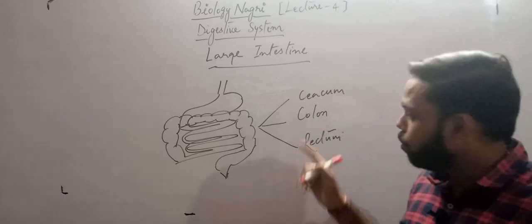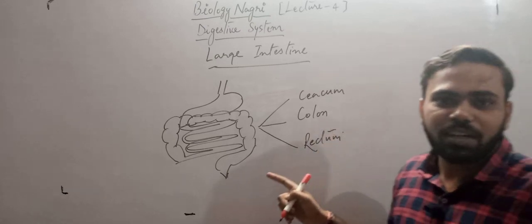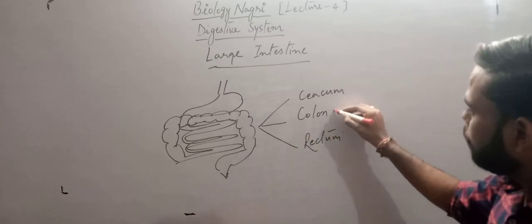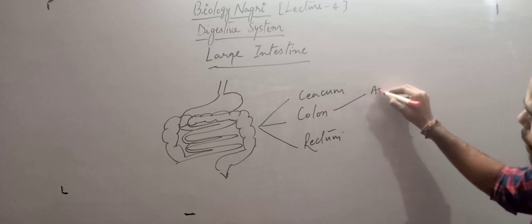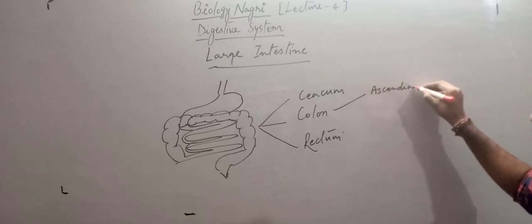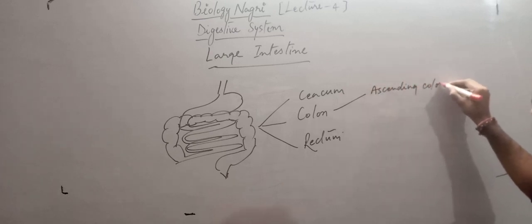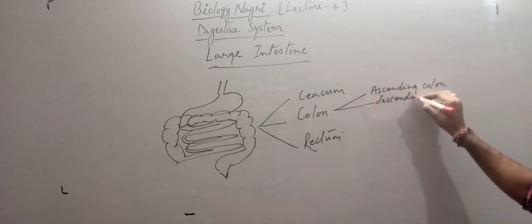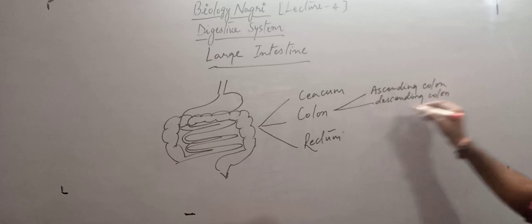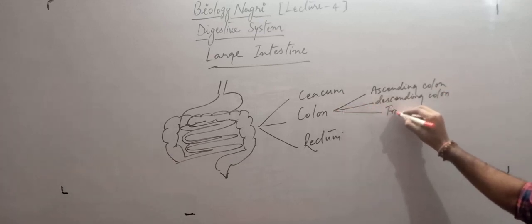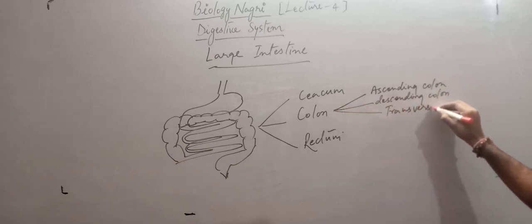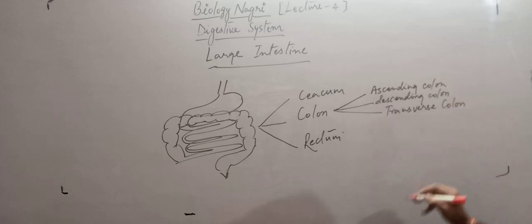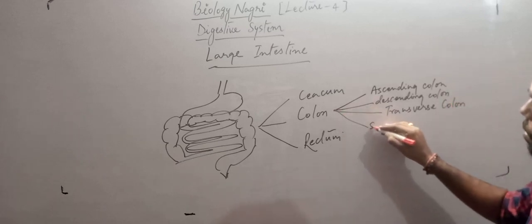But the colon is further divided into parts, namely the ascending colon, the descending colon, the transverse colon, and the sigmoid colon.